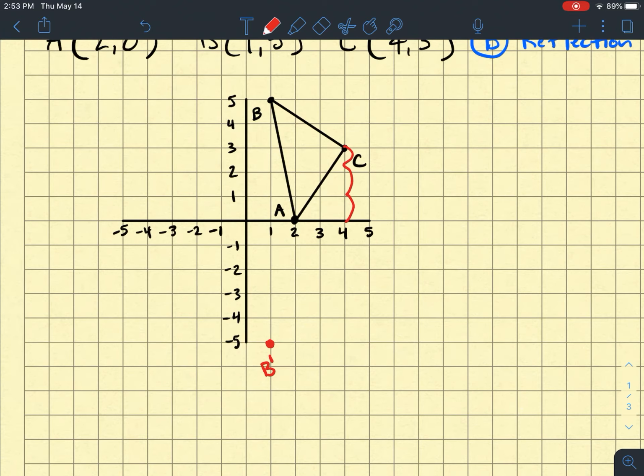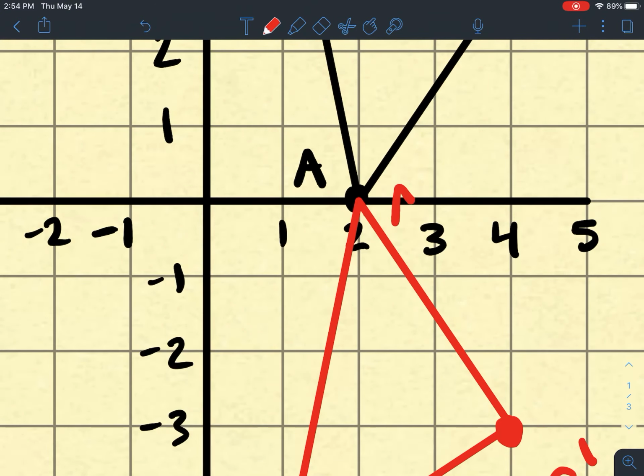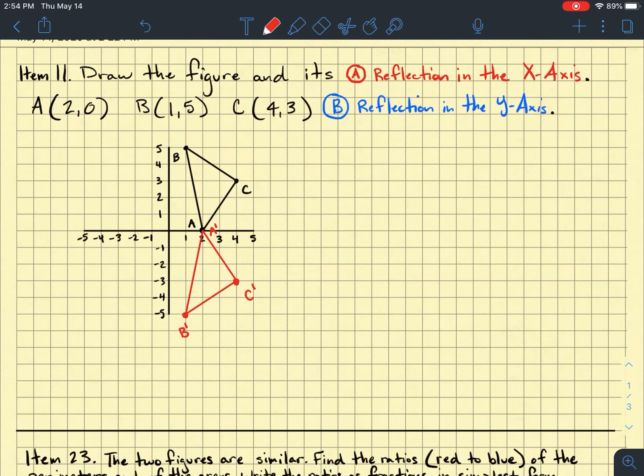It's 1, 2, 3, so we go the same distance in the opposite direction. 1, 2, 3. This is the location of C prime. So this is how you would reflect the triangle in the x-axis. Again, the A would stay the same, so right here you have A and also A prime for the reflection in the x-axis.